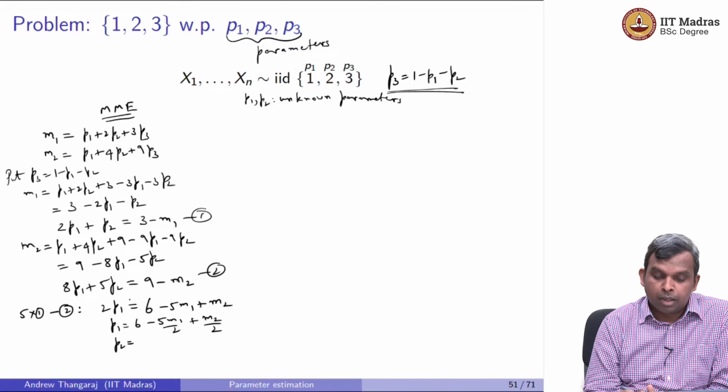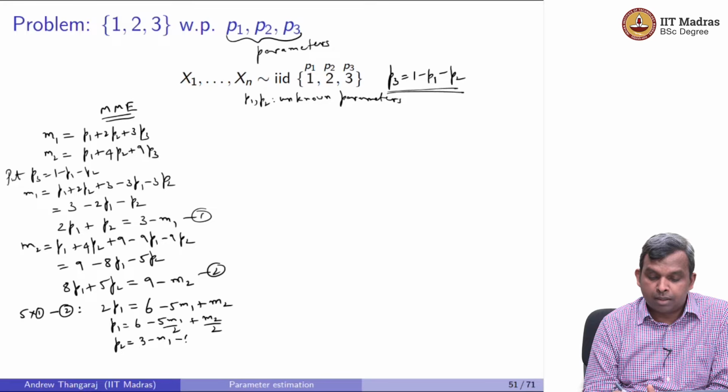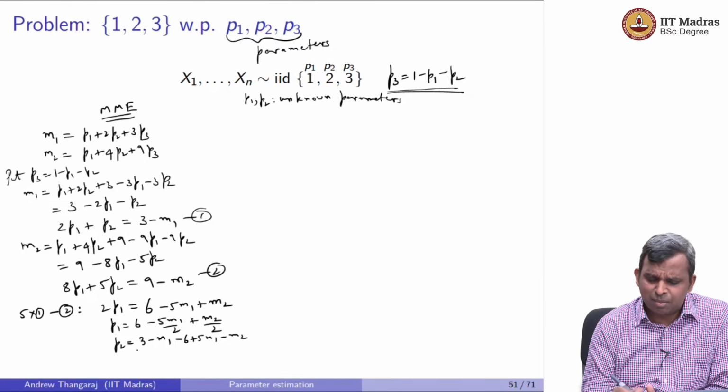P2 is 3 minus M1 minus 2P1. So that's minus 6 plus 5M1 minus M2. I hope I didn't make any mistakes in the simplification. It can be very painful otherwise.